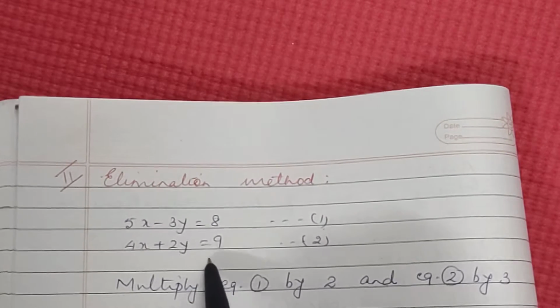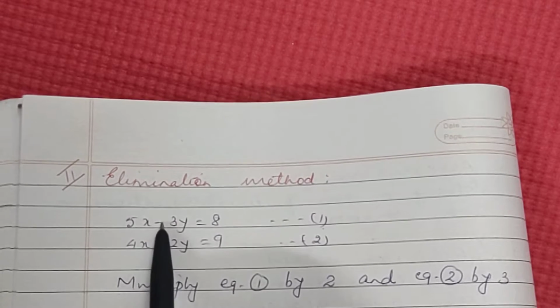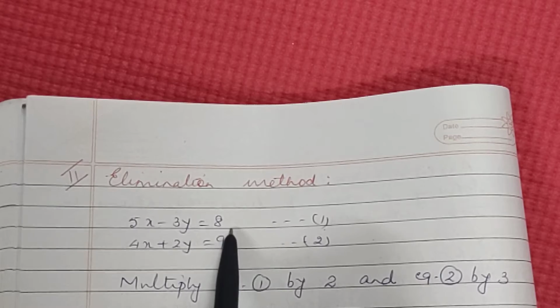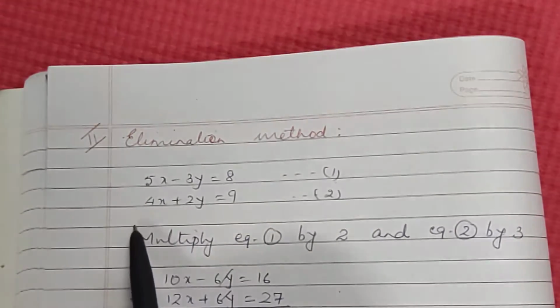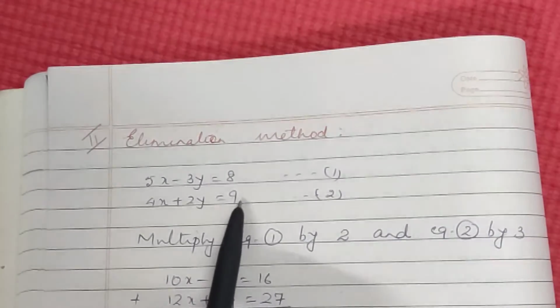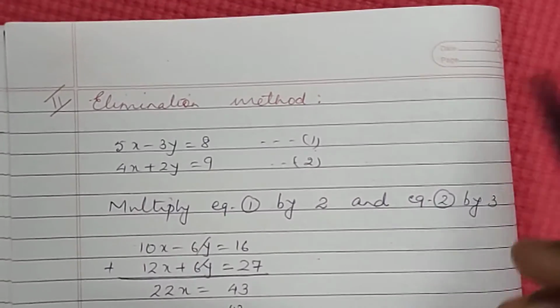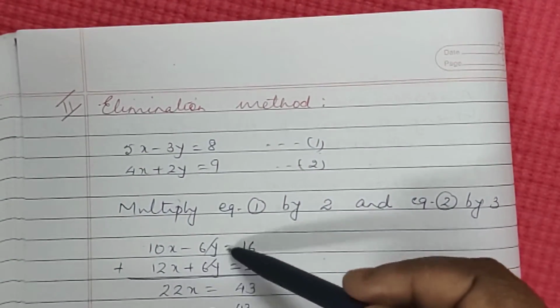Why have I done this? Let us first multiply and get the equations. When you multiply equation 1 by 2, what do you get? 10x minus 6y equals 16, isn't it? And when you multiply equation 2 by 3, you will get 12x plus 6y equals 27. The main aim of multiplying is that I wanted to eliminate this variable.